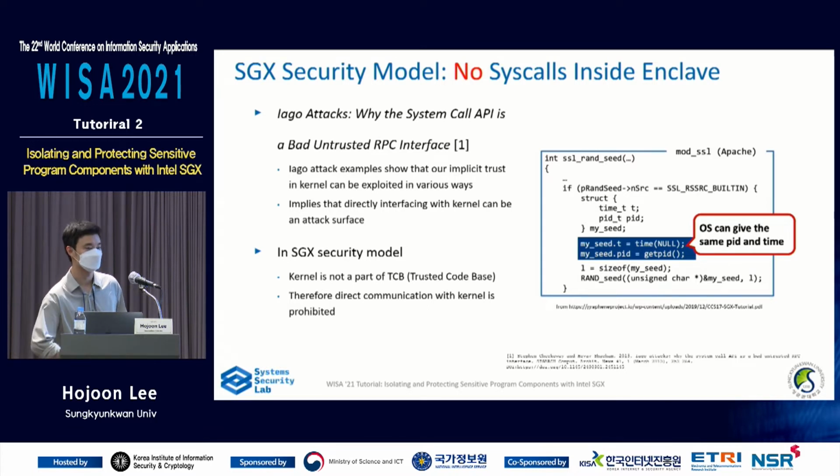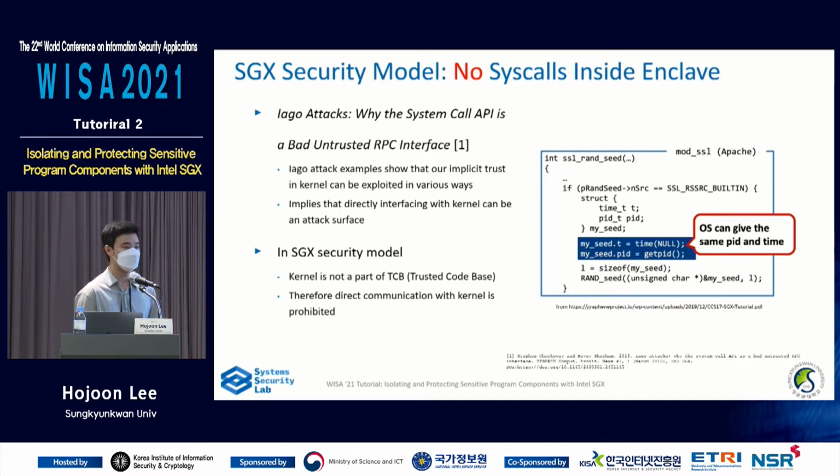To explain a little bit of background on this, there is a very well-cited paper called Iago attacks. This paper explains all kinds of examples of how our implicit trust in the kernel can be exploited in many ways. The code you see on the right is one example of that. The kernel is intentionally giving you a bad random number, and if you use that to perform cryptographic actions, then you fall into the trap of a malicious kernel.